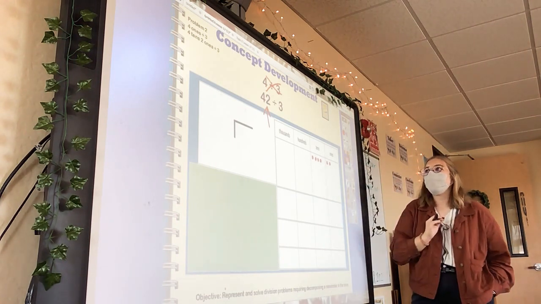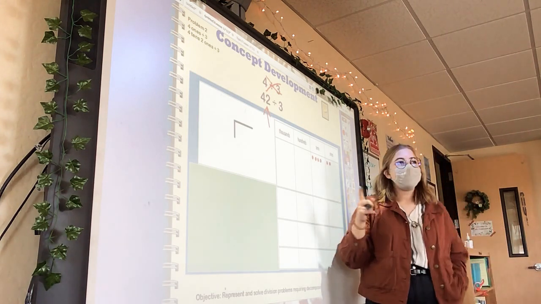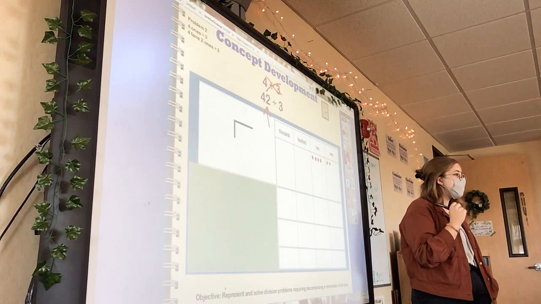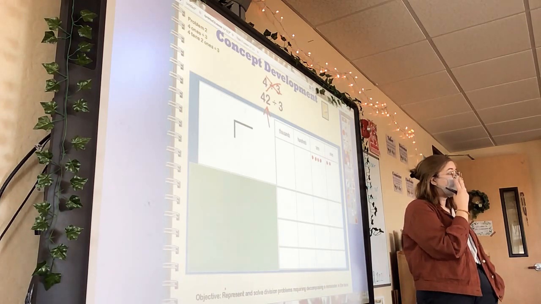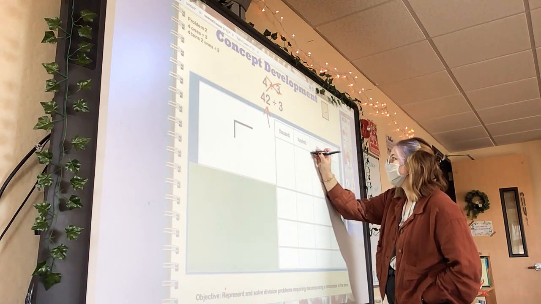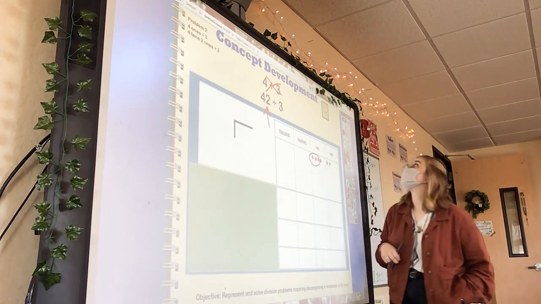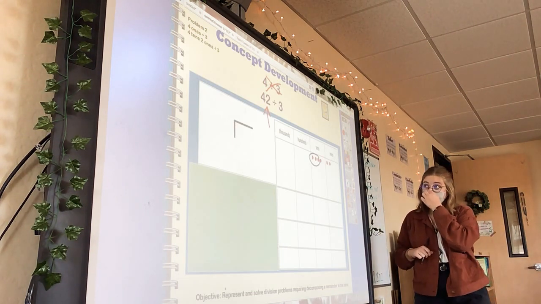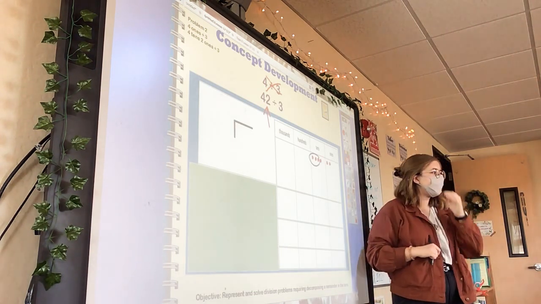Okay? So I'm dividing 4 tens by 3. So I'm going to circle groups of 3. So count 1, 2, 3, and then circle it. Do I have enough dots to circle another group of 3?